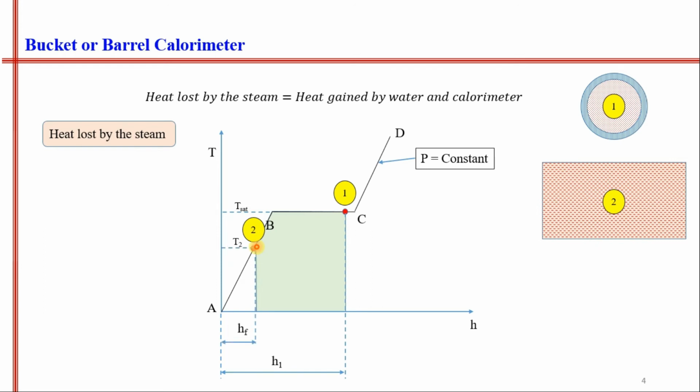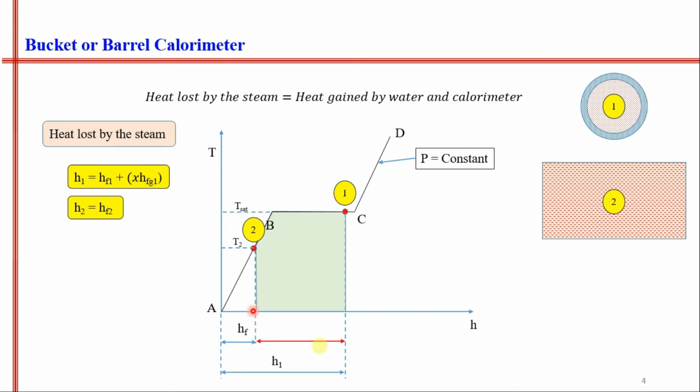This much enthalpy is HF and the temperature is T2. So the enthalpy H1, we know the enthalpy of wet steam, is HF plus X HFG, and at point 2 at some temperature T2 it is HF2. We can find it from the steam table also.